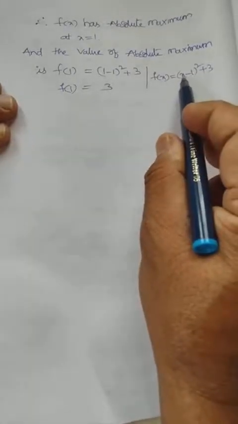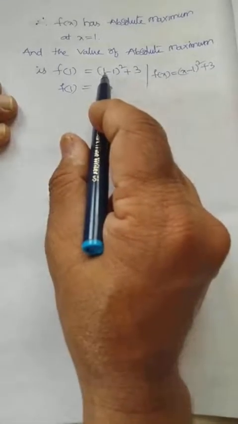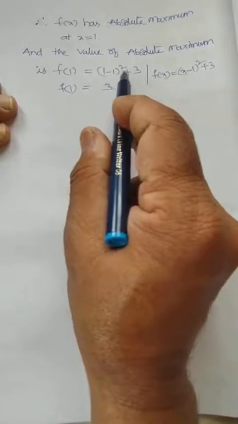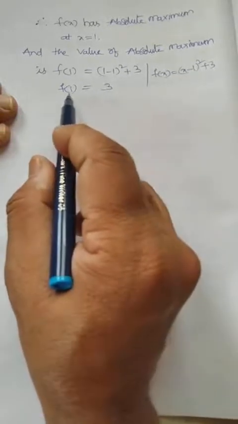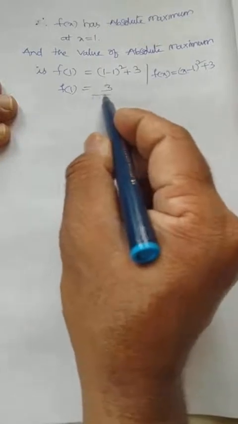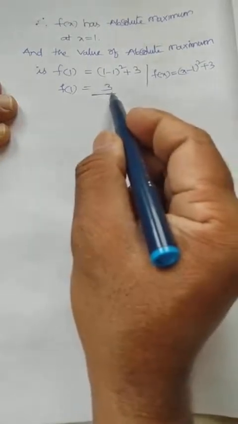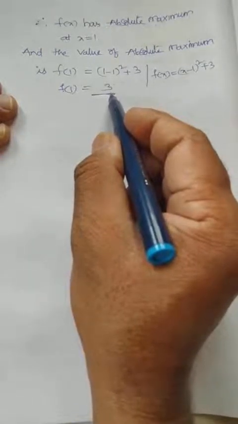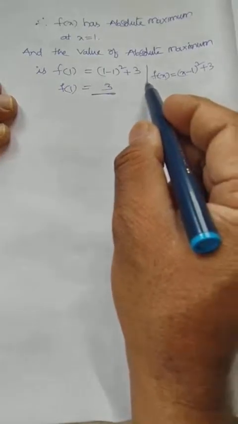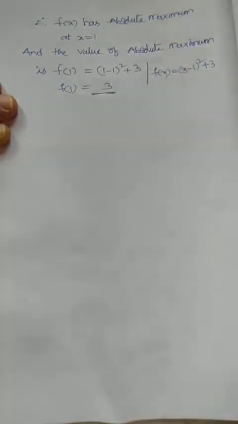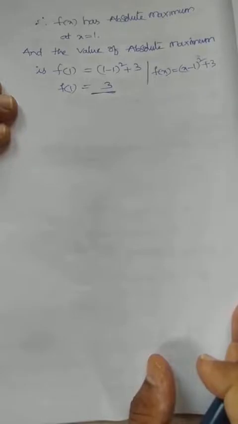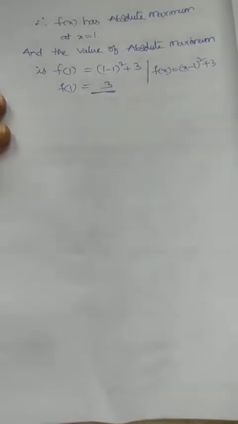So in place of x we substitute the value 1: 1 minus 1 whole square plus 3, so f of 1 we got is 3. This is the absolute maximum value of the given function f of x. It does not have an absolute minimum value.